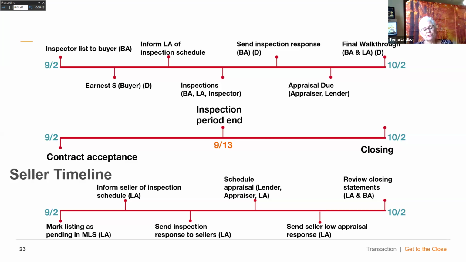So the option to the seller is you can reduce the price to meet the appraised value, or you can tell the buyer to come up with the money to make up the difference. And if you have the seller, especially in a market like today, you remind them, do you want to start over?